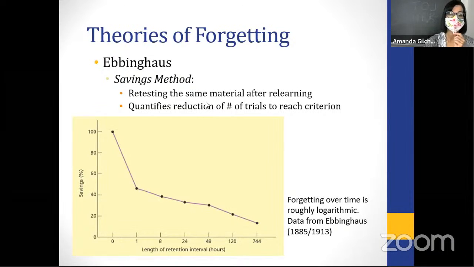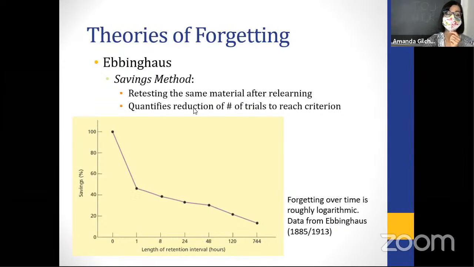So you're basically retesting the same material after relearning, and you're trying to see how many fewer trials you need to reach that criterion of remembering 100% of the list. So if you're at 100% savings, it took no time to relearn it. If you watch the savings drop, that means it takes more time to relearn it because there's more forgetting.